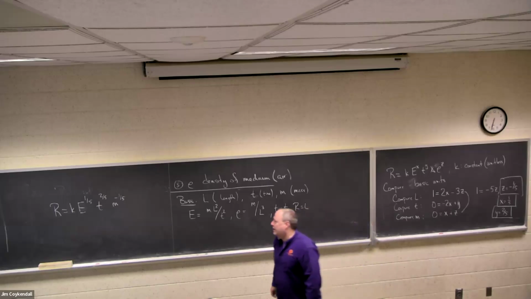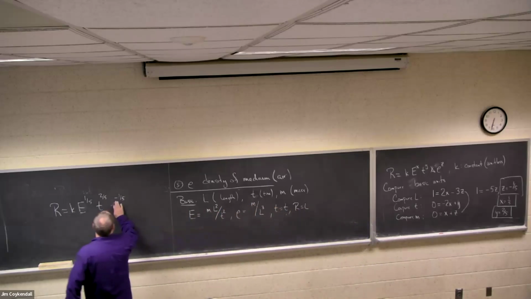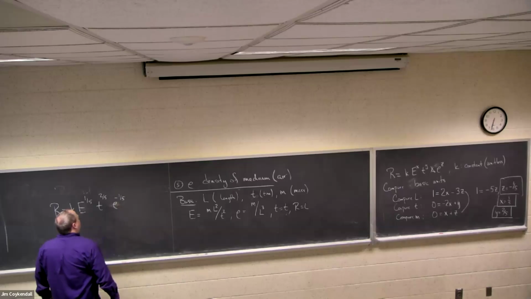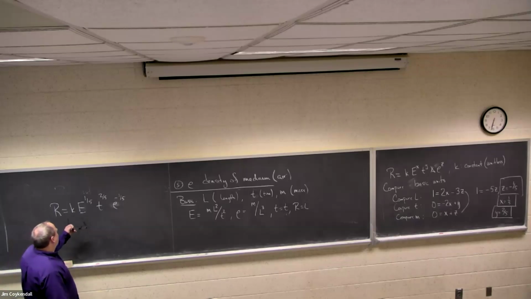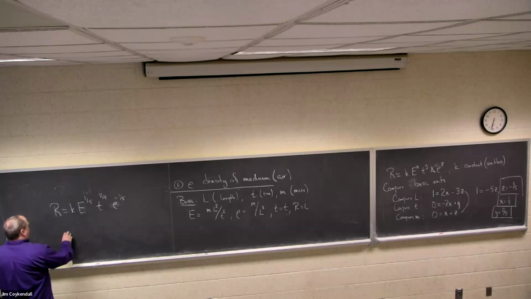I'm sorry, rho, not row. Rho in kilograms per meter cubed, then rho is approximately 1. I wanted to make the units easy. So I can massage this. I'm going to take the 5th power of both sides and call this K to the 5th, alpha.